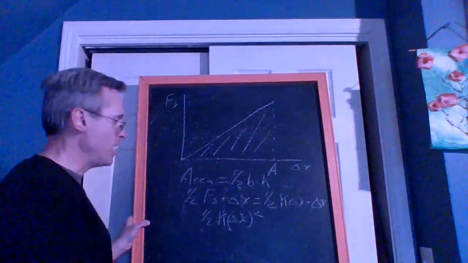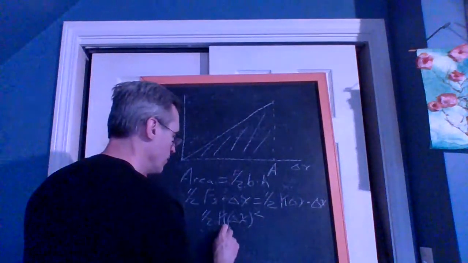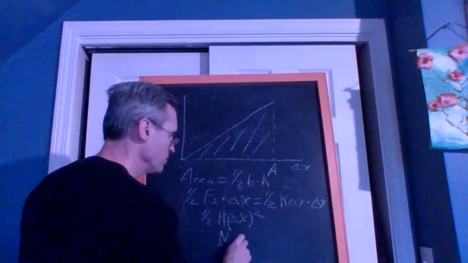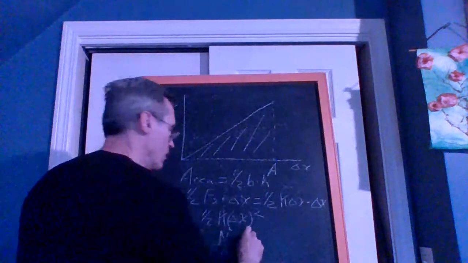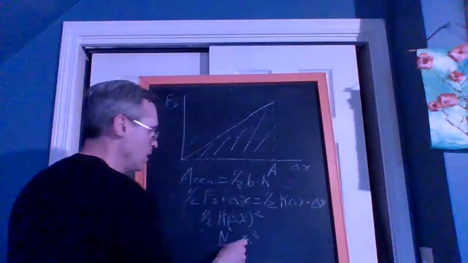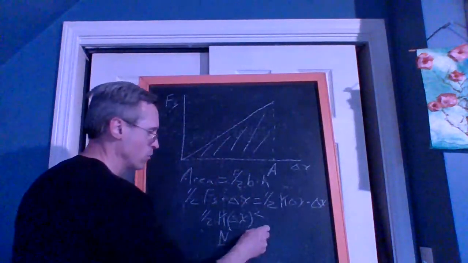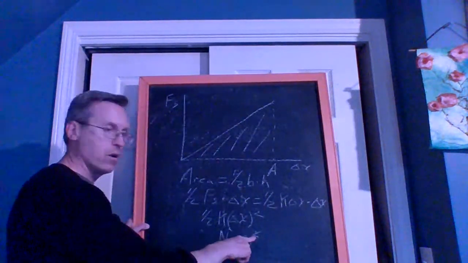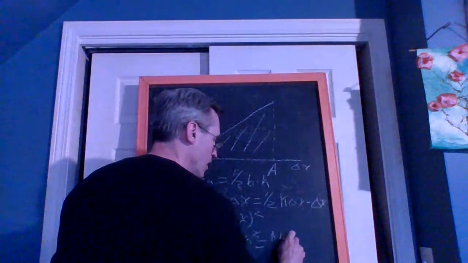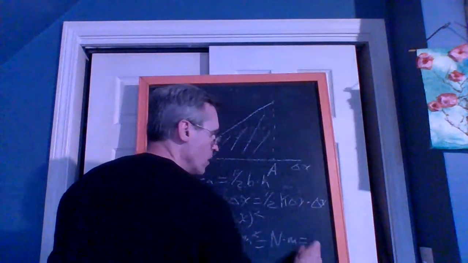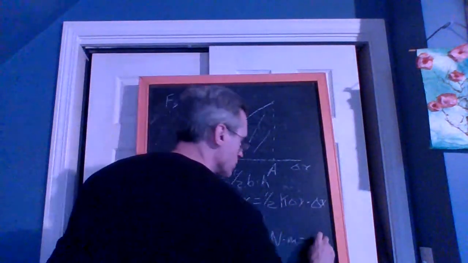Now, if I do unit analysis on this, k has units of newtons over meters, and then I have meters squared for the delta x squared. One of the meters down here goes with one of the meters up there, and that leaves me with units of newtons times meters, which is a joule.